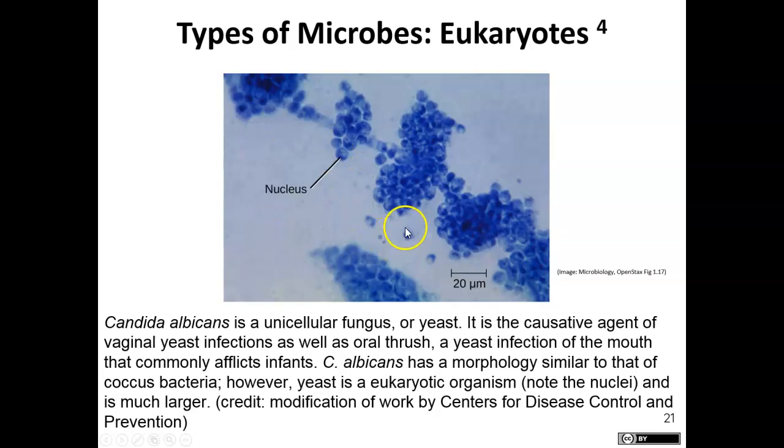But if it grows out of control, like if you are taking an antibiotic that kills off the lactobacilli, then a lot of times that will cause the candida to grow out of control and cause a yeast infection. It can also cause oral thrush. That is typically seen in infants.